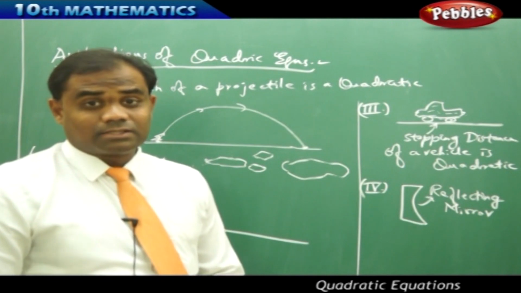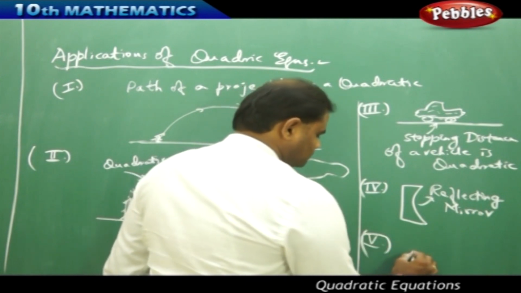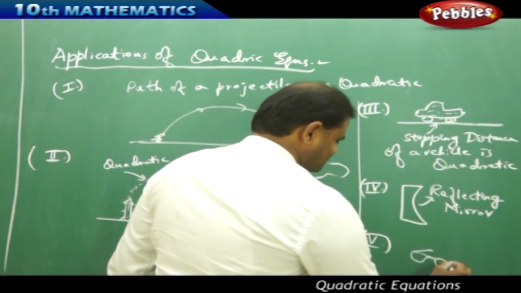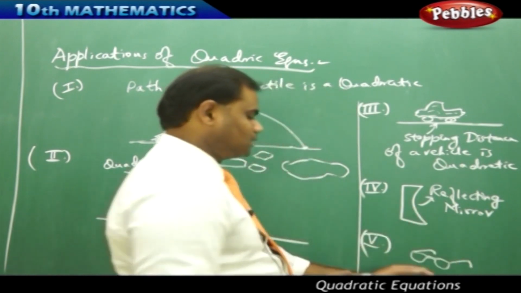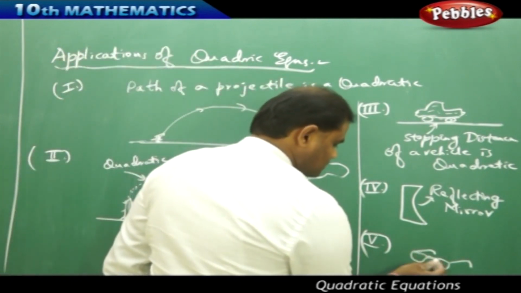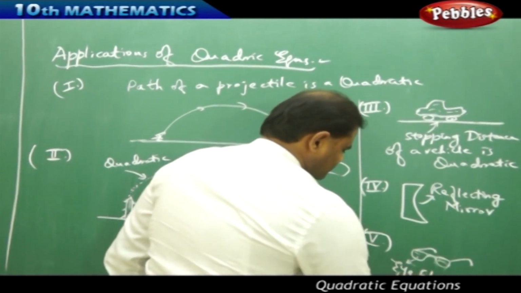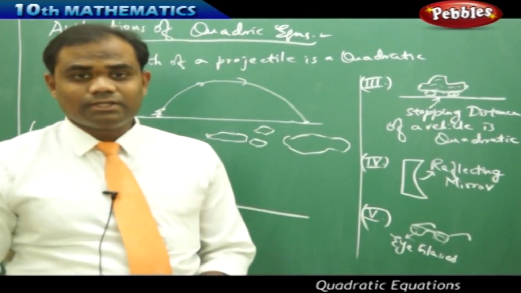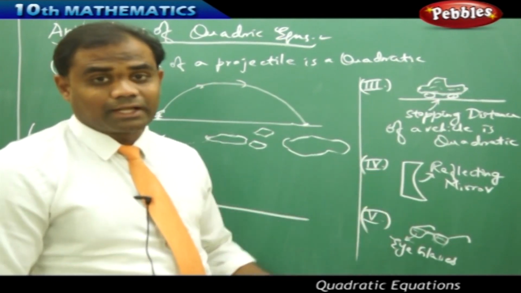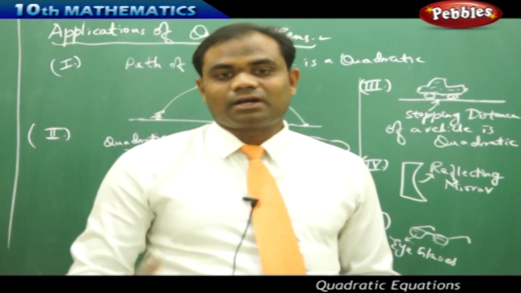Similarly, the eyeglasses, or the contact lenses, also form a quadratic equation. When I take the glasses out here, these eyeglasses form a quadratic equation. This is how we see so many applications in branches of science and in daily life connected to quadratic equations, which we are going to see in detail in the coming sessions.